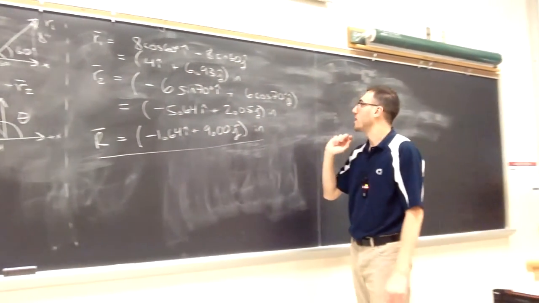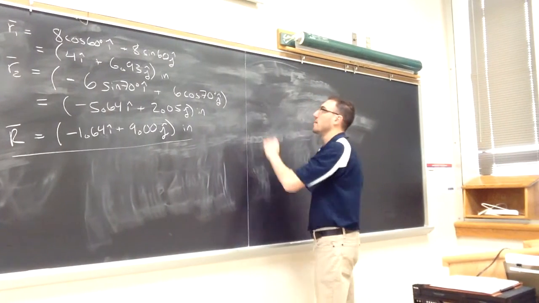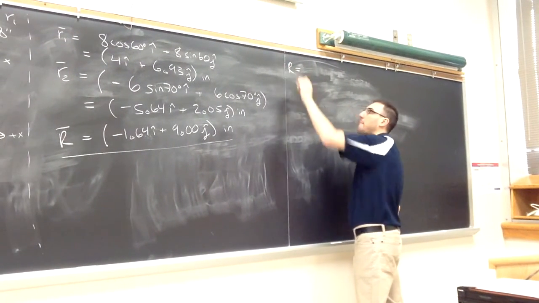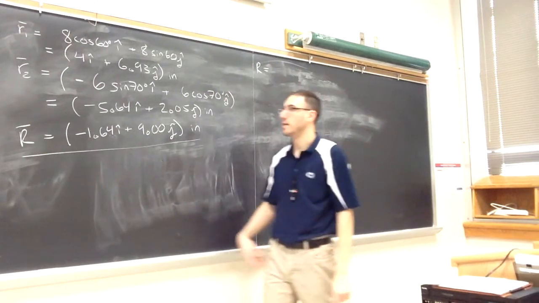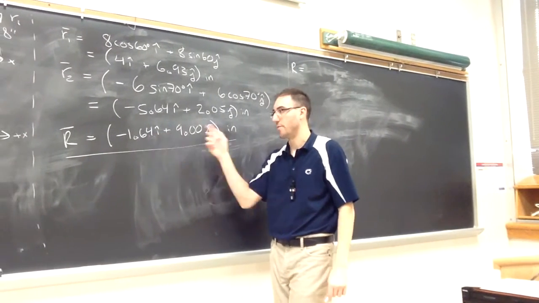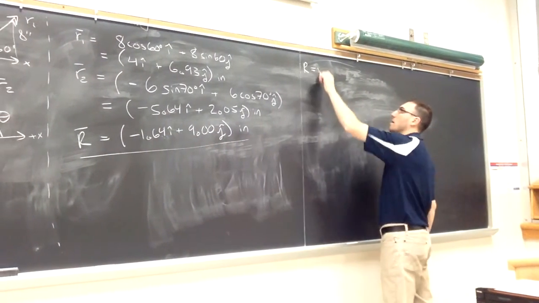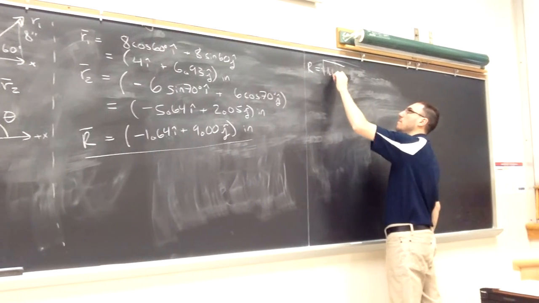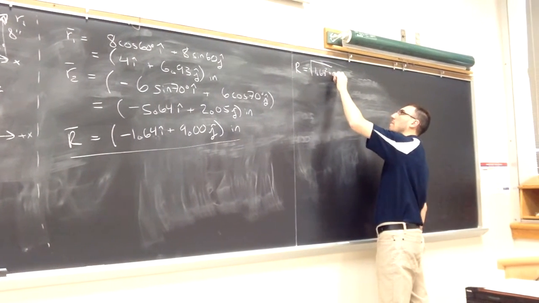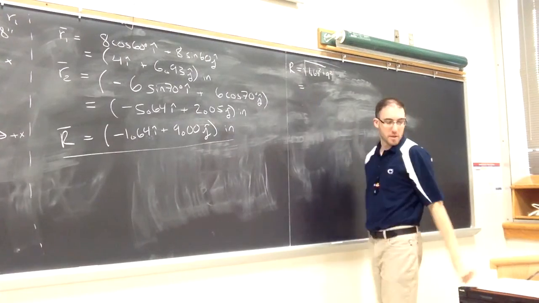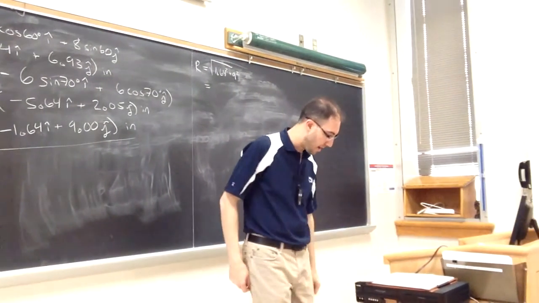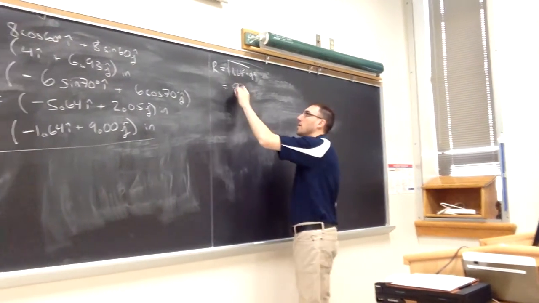So I have the component form. I need the polar form of it. I can find the magnitude of r by taking the square root of the sum of the squares of the components. So this vector will have a magnitude of 9.13 inches.